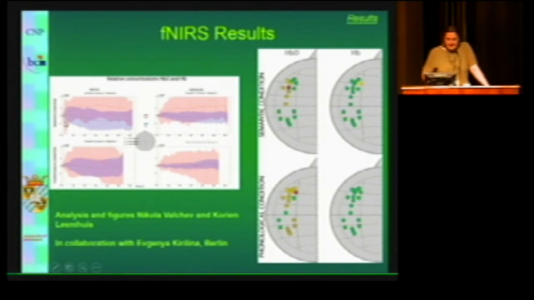And what you can see is that something like 6 to 10 seconds after the onset of a block, there is an increase in oxygenated hemoglobin level, both in Wernicke and Broca, differentially for different tasks. And when we perform GLM analysis, you can also see on the different channels how activation is spread for oxygenated and deoxygenated hemoglobin.